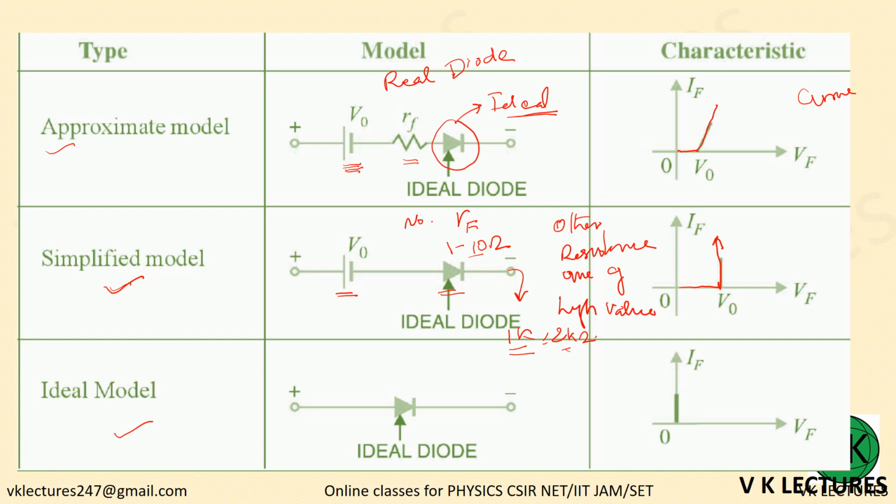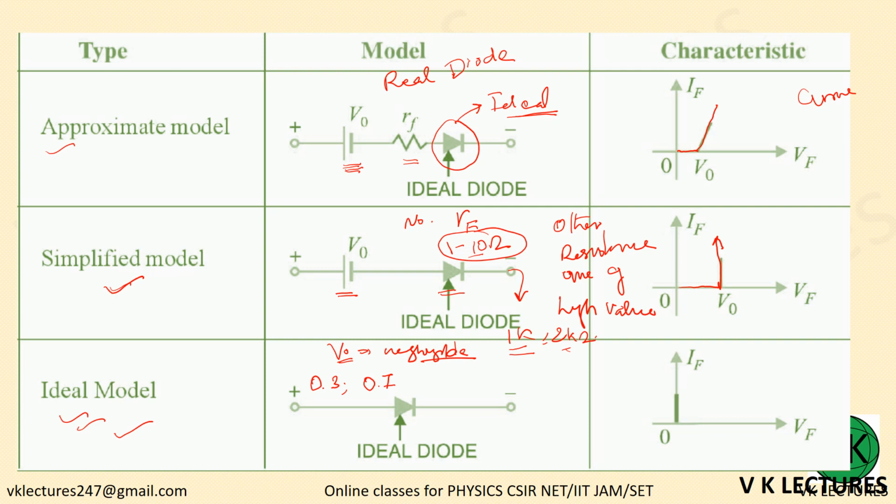So we will remove this resistance so that you get a simplified model. And what about the ideal model? Ideal model is there is no V0, which means V0 is negligible. This is what you can say, negligible compared to other voltages. V0 value for germanium, you know, is 0.3. For silicon, you know, it is 0.7.